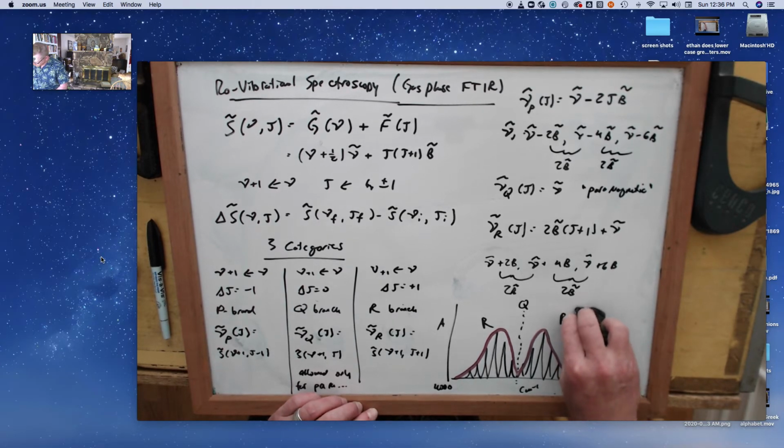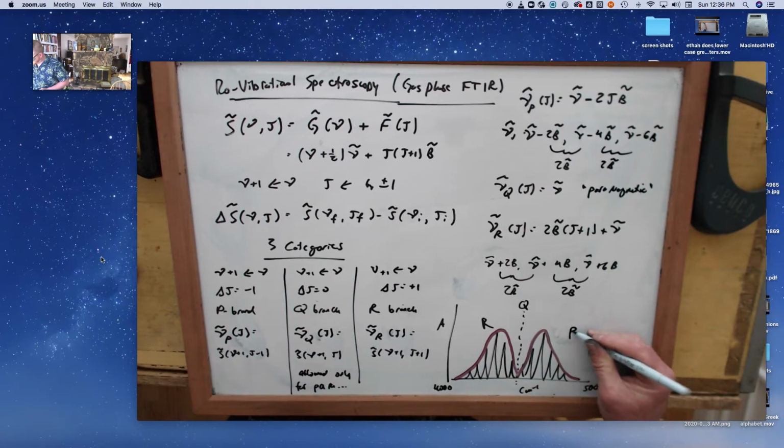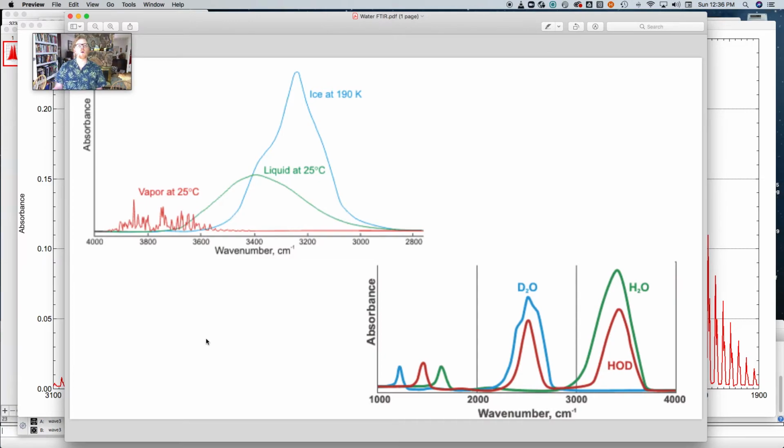So just to make sure we got it, this is P, to the lower energy side. So what you would have within this region, because you have the symmetric stretch and the asymmetric stretch, is an R and P branch for both the symmetric and asymmetric stretch. So that's why this looks quite chaotic.